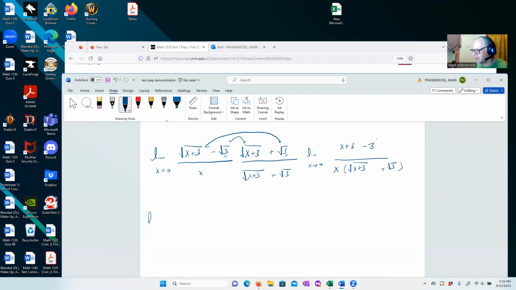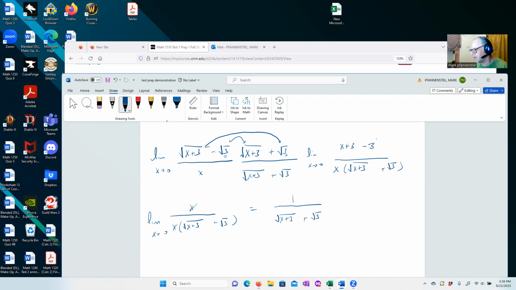So we're just going to get the limit as x goes to 0 of x over x times the quantity root x plus 3 plus root 3. And there we go, the x's will cancel, x over x, and then we end up with 1 over root x plus 3 plus the square root of 3.